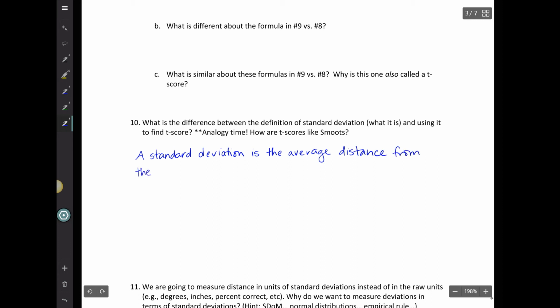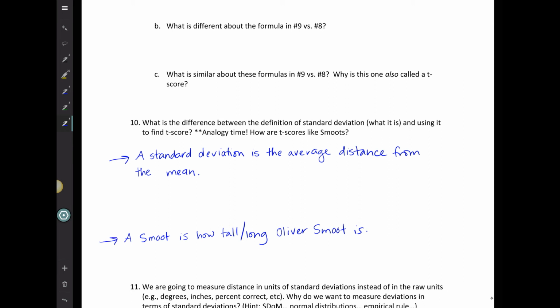Then think about a smoot is how tall or long, I guess you can consider, Oliver Smoot is. Okay, so that's the what is it? What is a standard deviation? What is a smoot? And then how are we using them?